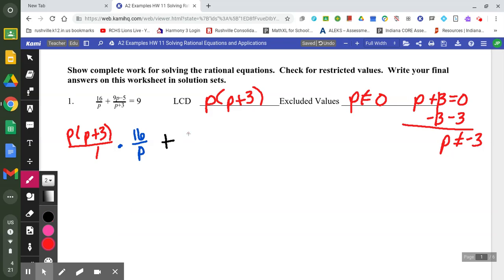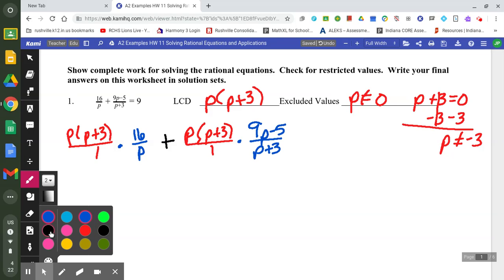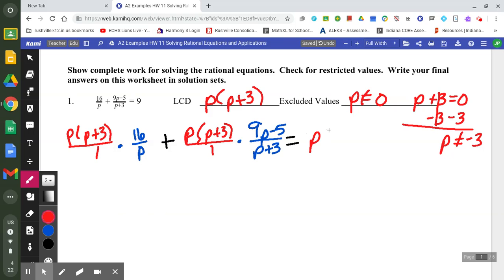My least common denominator, p times p plus 3 over 1, times my second term. So 9p minus 5 over p plus 3. I have my equal sign. And then because my last term here is a 9, I'm just going to write p times p plus 3, but then all of that does get multiplied times the 9.